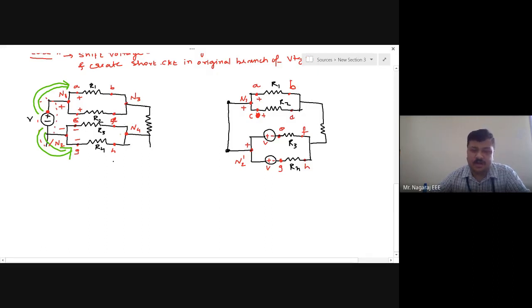I am not telling you this is the only way. This is one of the methods. What we are studying in this course is various methods of analysis. This is one among those. Whether it is advantageous or not is a second issue.